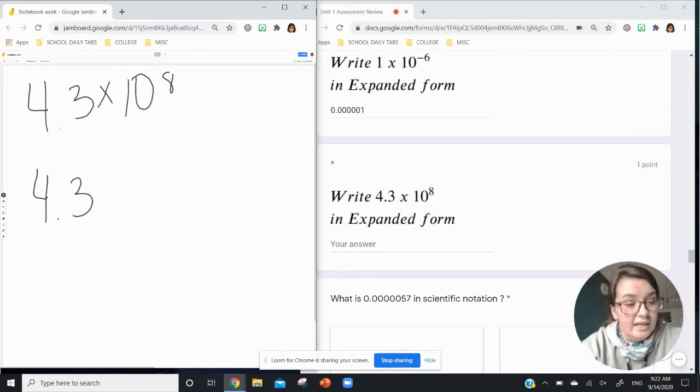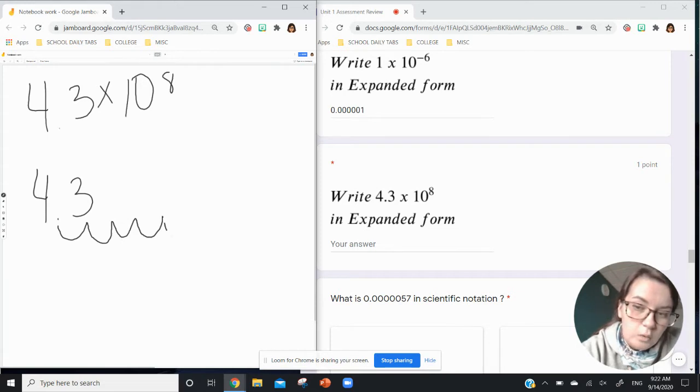It's a positive 8 this time. When the exponent's positive on scientific notation, we go to the right. So if I have enough room here, I'm going to move this 8 times. 2, 3, 4, 5, 6, 7, 8.